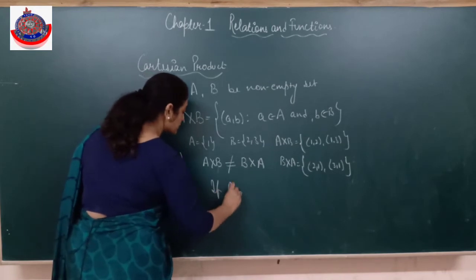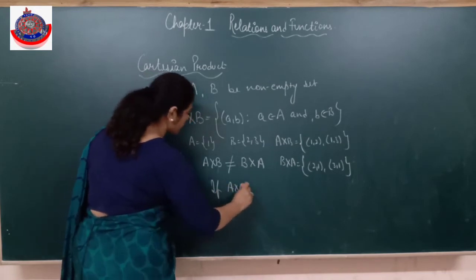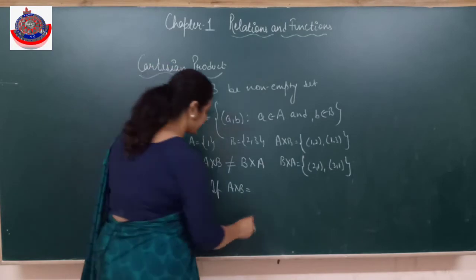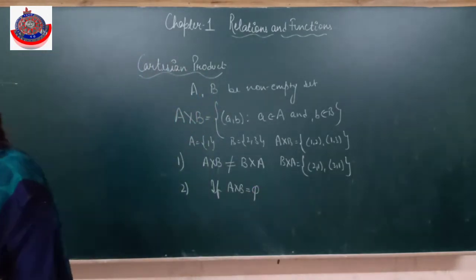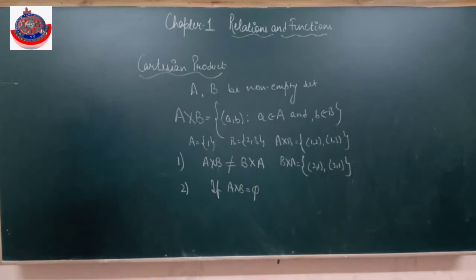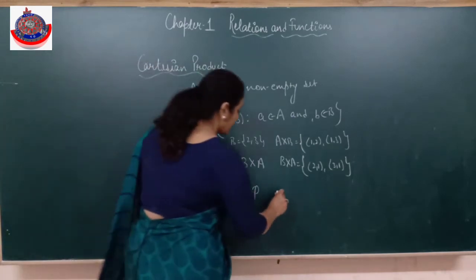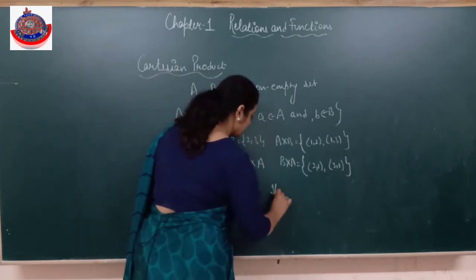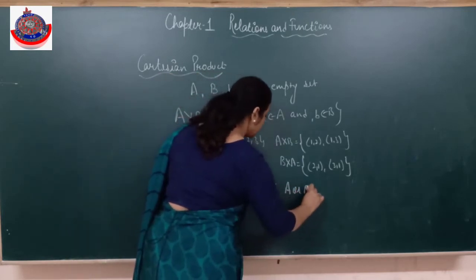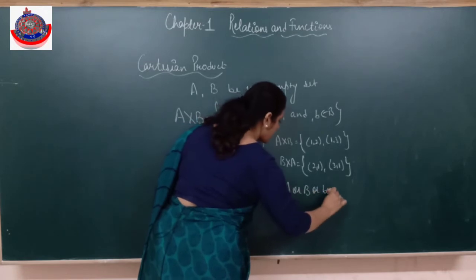Number 2. See, all these things can come in MCQs also, related to relations definitely. If A cross B is phi, if it is an empty set, it means A or B or both are empty.